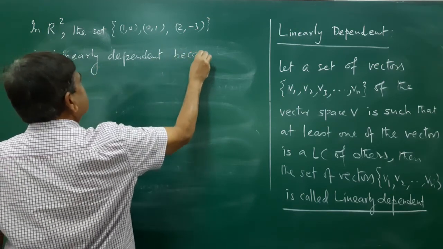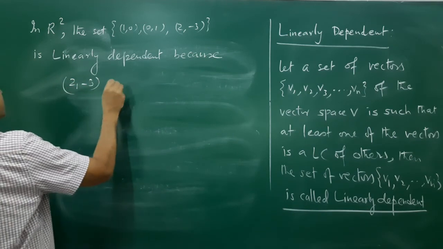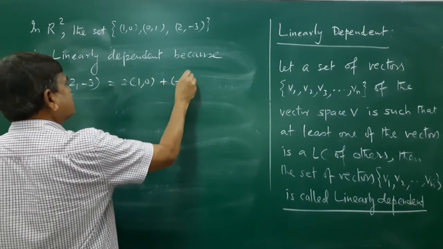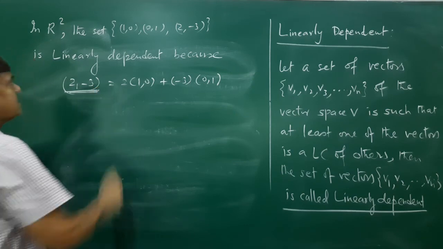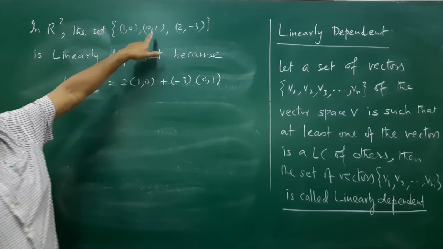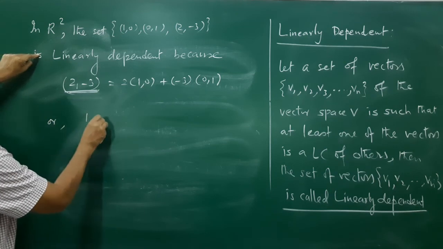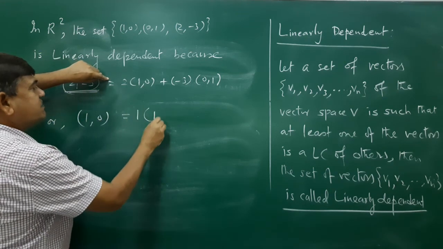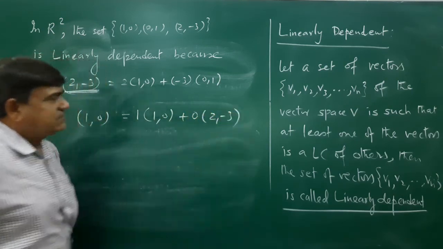because (2,-3) is... or you can write, suppose I write (1,0), then this is 1 times (1,0) plus 0 times (2,-3). You can say this.